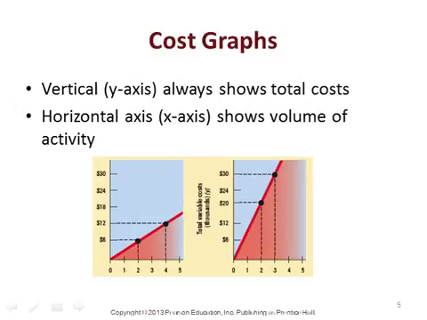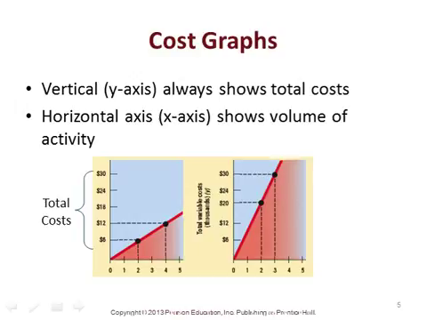So there we see we start off with $6 in cost at 2 units, so it costs us $3 per unit. If we produce 2 more units, our variable costs go up to $12. And so again, we can see that the slope of the line gives me my variable cost per unit.